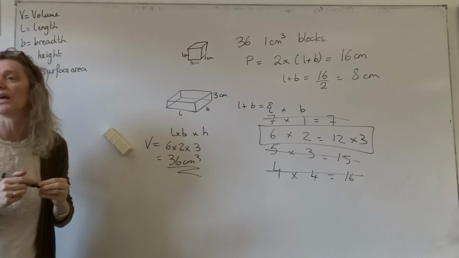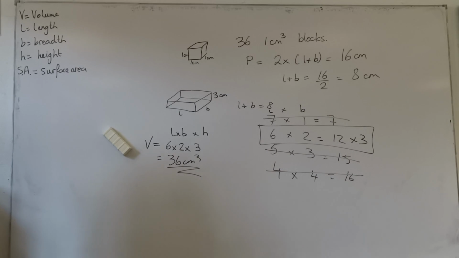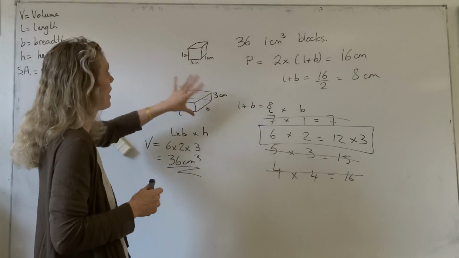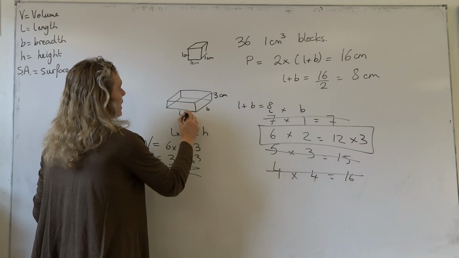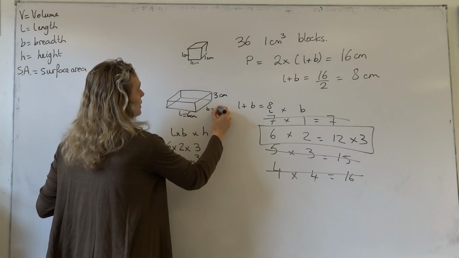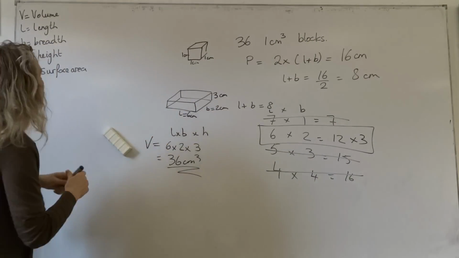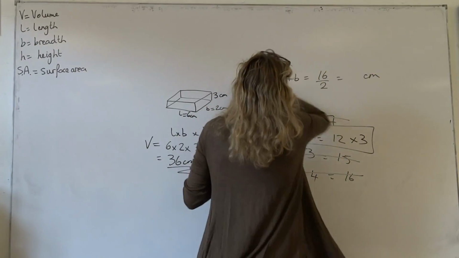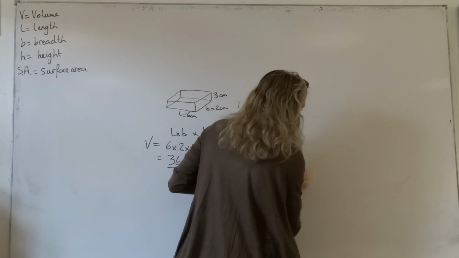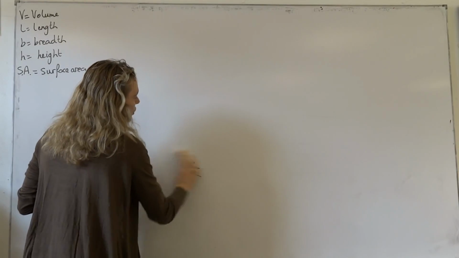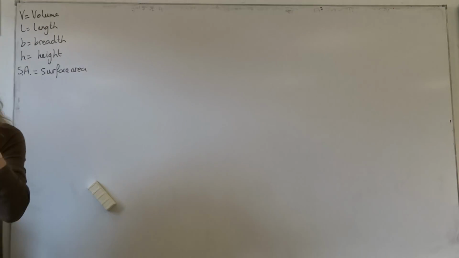So that's the only possibility for this one. So the height that you should have of your rectangular block should be 3 centimeters. Okay, so that was a bit of a tricky one. Quite a bit of problem-solving thought needed to go into solving that question.